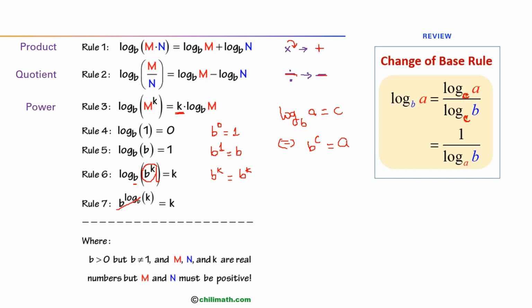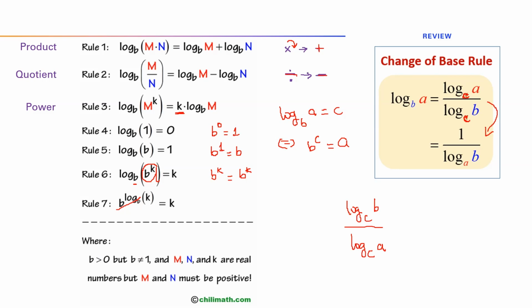How does it happen? So from here to here, it's like you make the reciprocal, right? So it's like you have log base c of b over log base c of a.